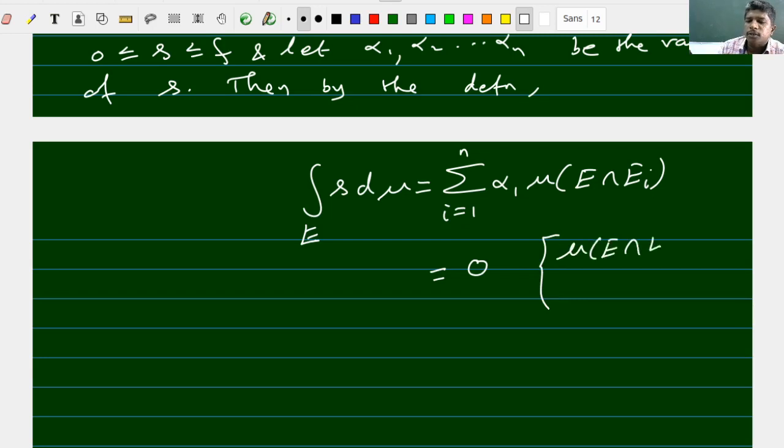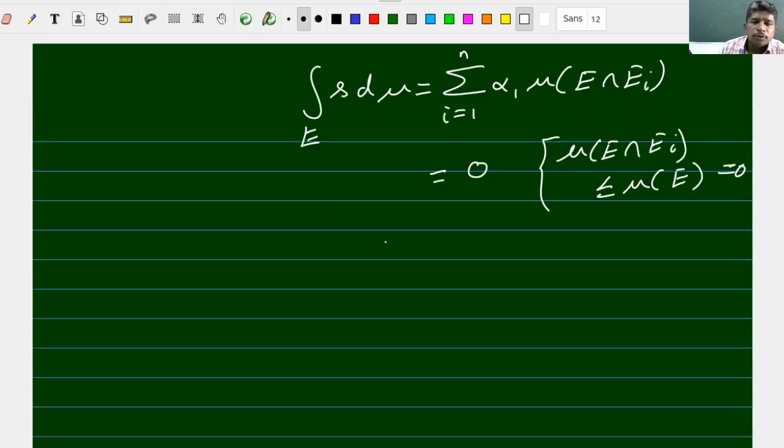E intersection Ei is a subset of E, so the measure of E intersection Ei is less than or equal to the measure of E, which is 0. So this also has measure 0.